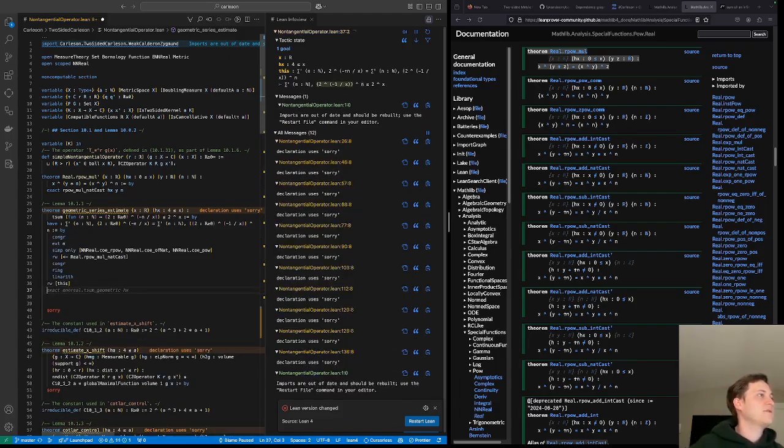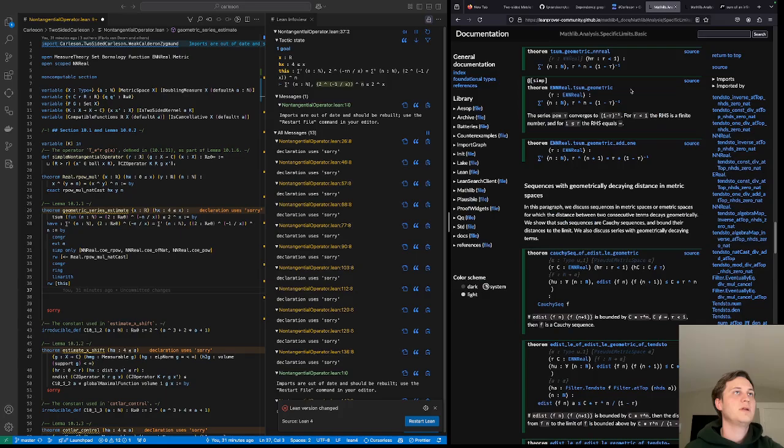Well, this can be converted to a calc block later. And now we want to apply the geometric sum lemma. tsum geometric NNReal is what we wanted, I believe. Because the base here is an NNReal, right? It's R, it's NNReal. And is there a namespace on it? I'm confused.